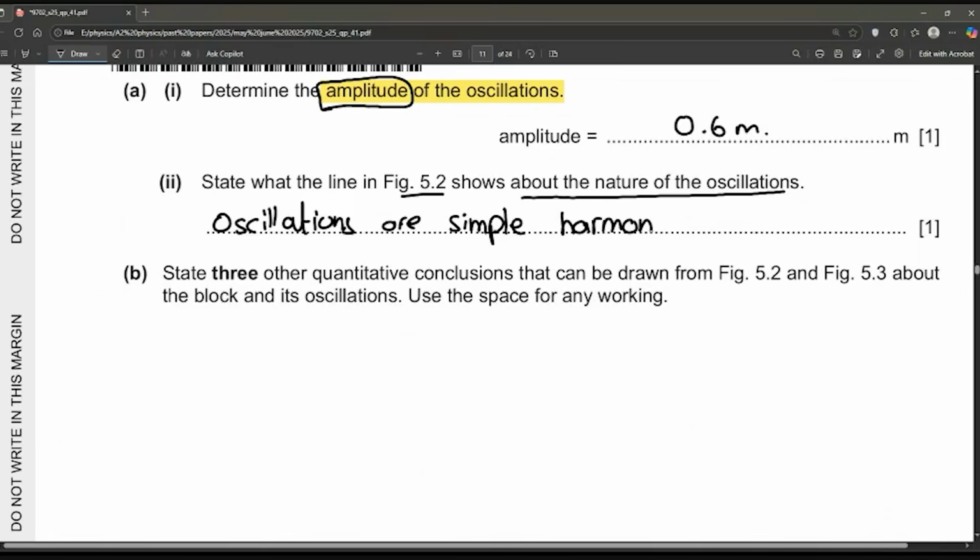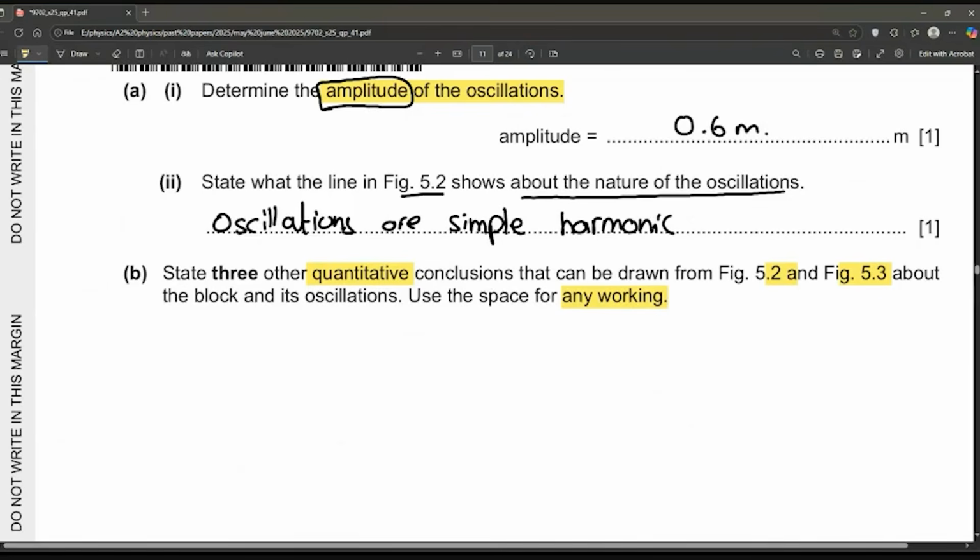Let's further move ahead. State 3 other quantitative conclusions. The examiner is telling you quantitative, meaning numerical based conclusions that can be drawn from figures 5.2 and 5.3 about the block and oscillation. Use the space anywhere.